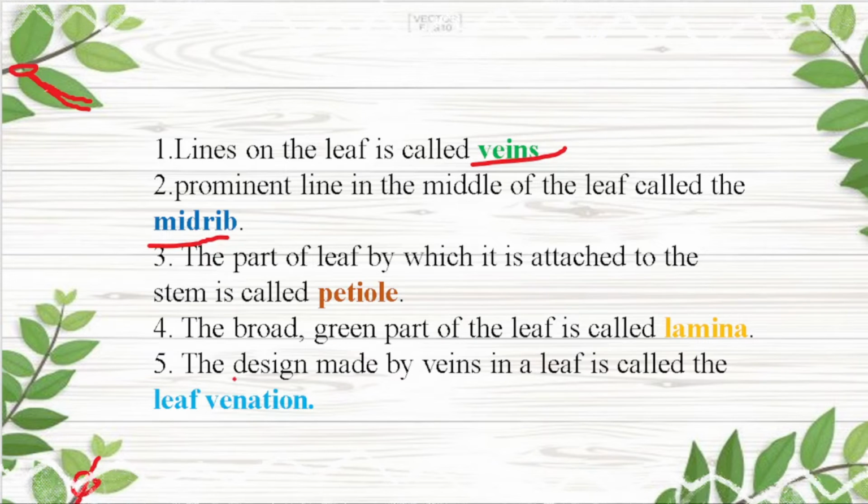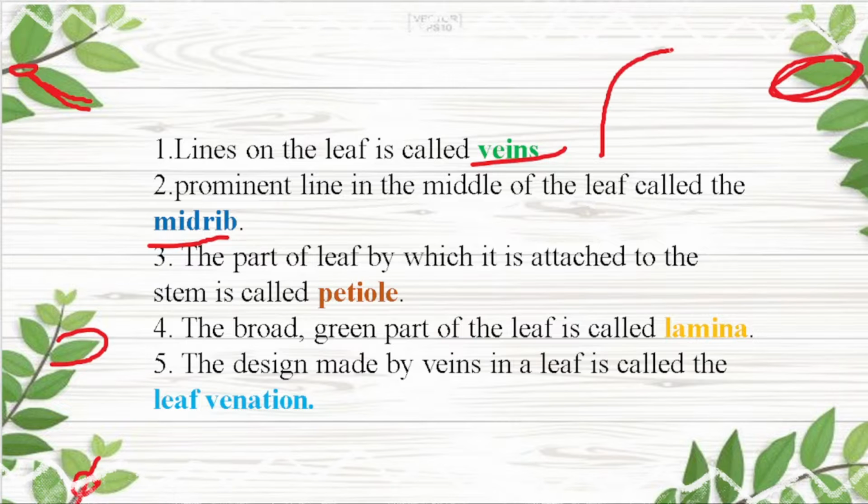Now the broad green part of the leaf is called lamina. Can you see this? A broad green part. This whole broad part is known as the leaf. Now okay, let me just draw for you here. Suppose this is a leaf, right?